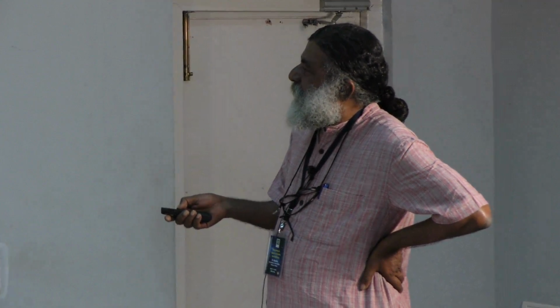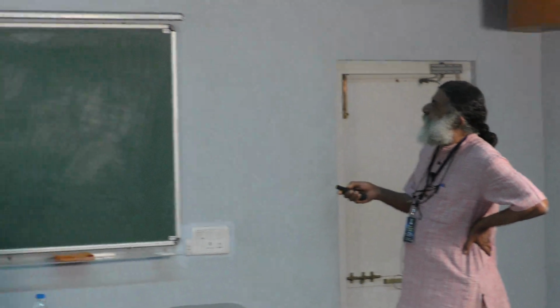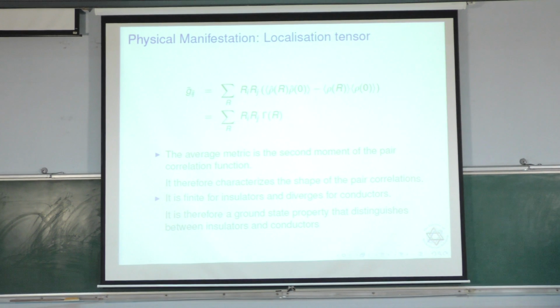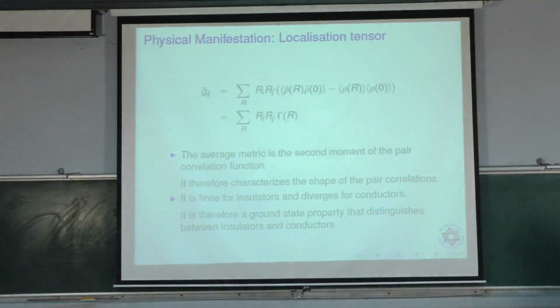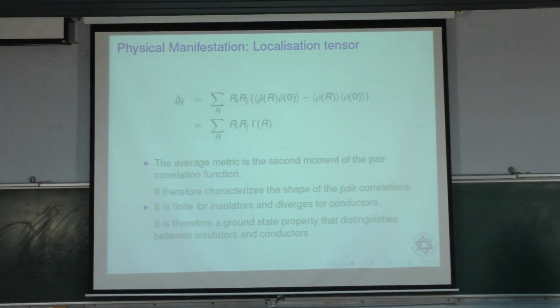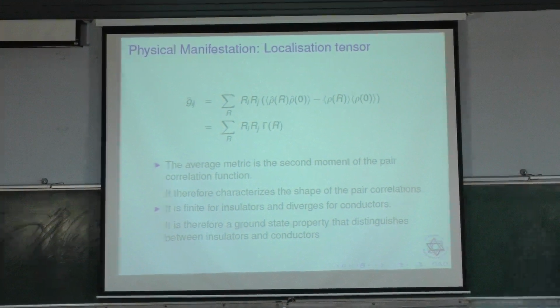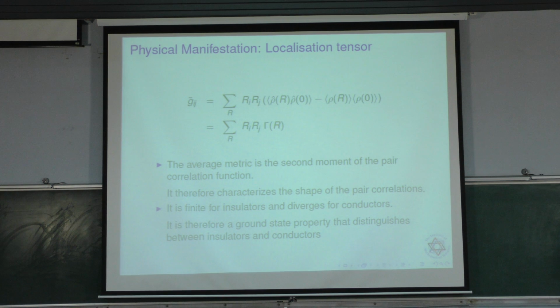So essentially, let me go to the next thing. The average metric, the metric integrated over the Brillouin zone, you can identify with the second moment of the pair correlation function. So this is the pair correlation function. Physically, it means that if you have a particle at 0, what is the probability of you having a particle at distance r away? So it gives you the structure of the quantum fluid, and it's an important quantity.